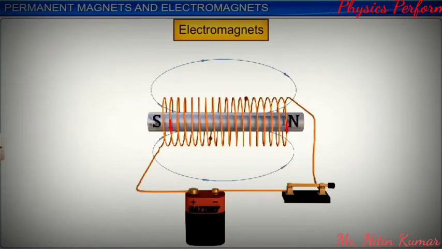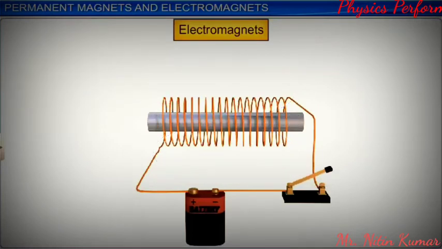When the current through the solenoid is switched off, the magnetism due to the solenoid is also switched off because of low retentivity of soft iron. Thus, electromagnets are referred to as temporary magnets.